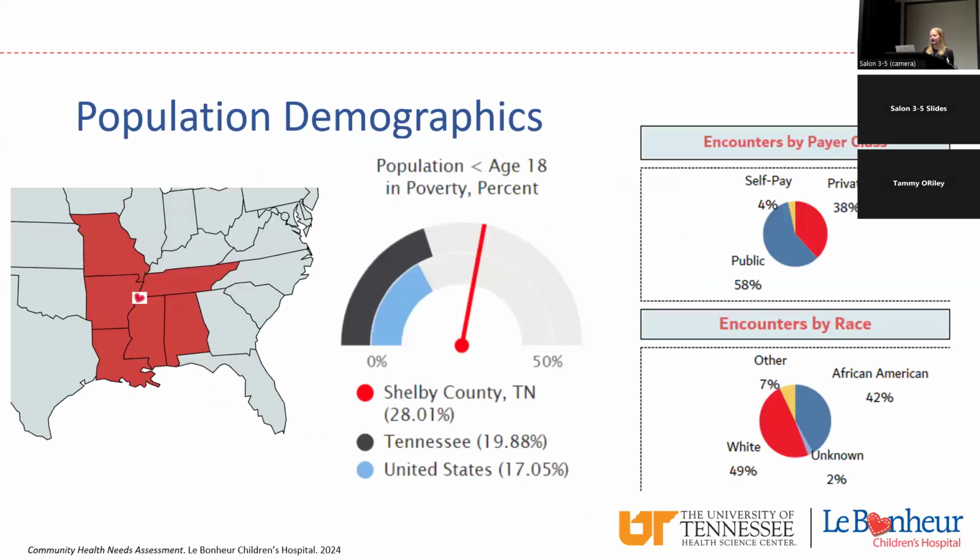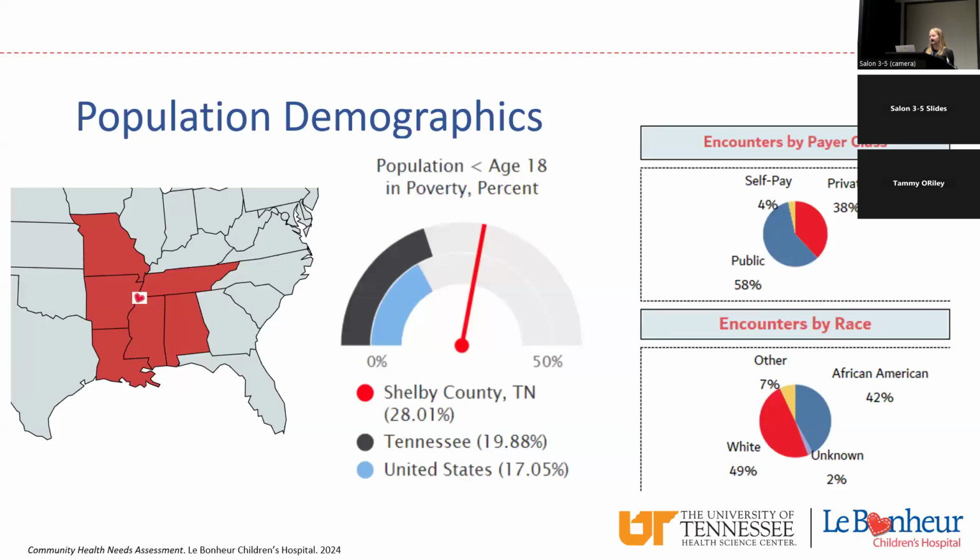Before I get started, I want to provide some background information about our population demographics. Bonheur Children's Hospital is located in Memphis, Tennessee. We have a catchment area of the 6 states shown here in red. The population of Shelby County, where Bonheur is located, is 28% above the poverty level, which is above both Tennessee and national averages.